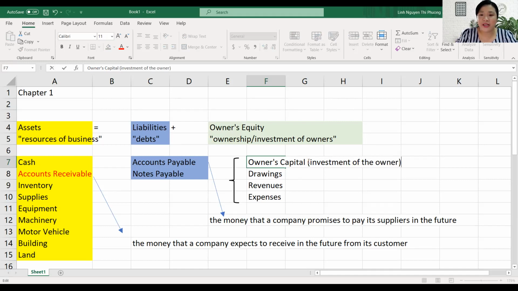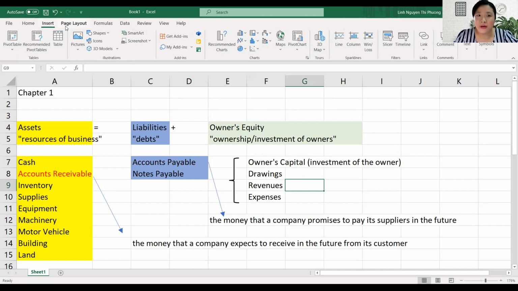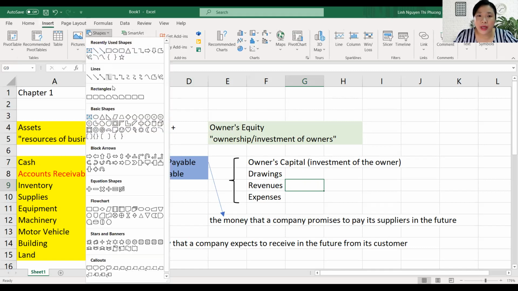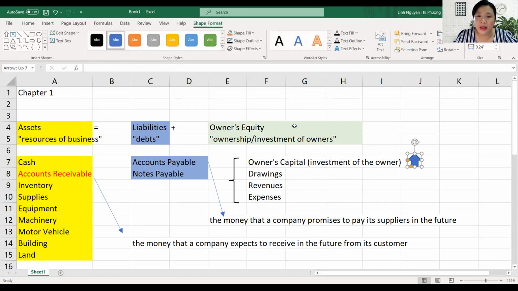The more I invest to the company, the owner capital will increase. So owner equity increases. Okay, the more I invest to the company, the more owner equity will be. All right.